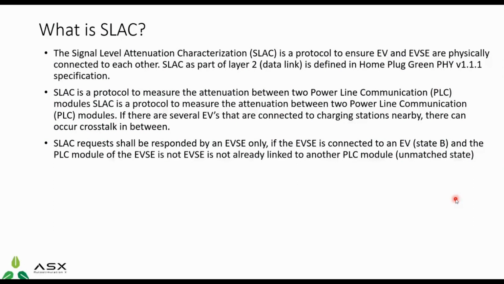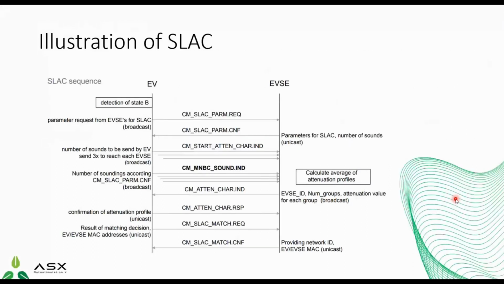Signal level attenuation characterization: you're just measuring the attenuation of the power line communication. When I say power line communication attenuation, it's just the signal strength, and only then will the other communication be started. There are some SLAC requests given here.